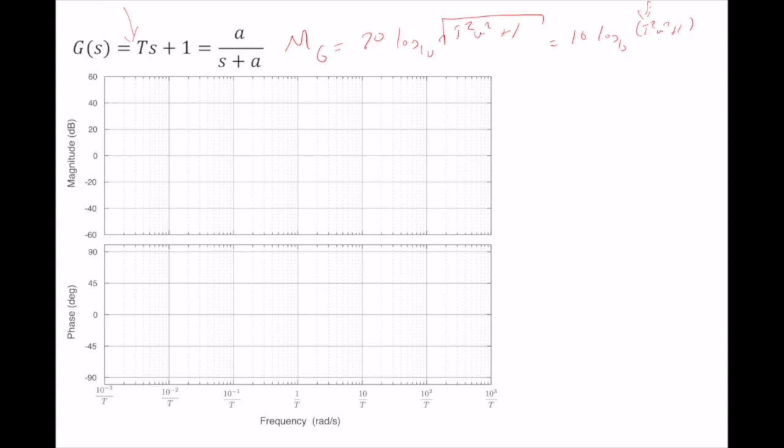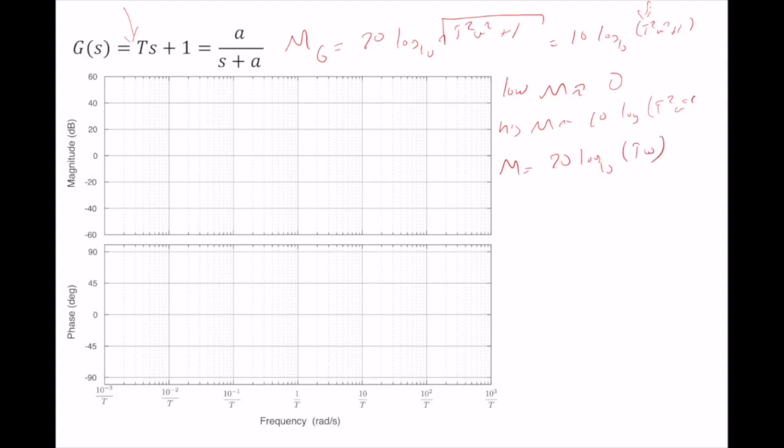Okay, let's look at low frequency. At low frequencies, the magnitude will be approximately equal to 0, everything is the same. At high frequencies, the magnitude will be approximately equal to 10 log 10 of T squared omega squared, so the magnitude is equal to 20 times log 10 of T times omega.